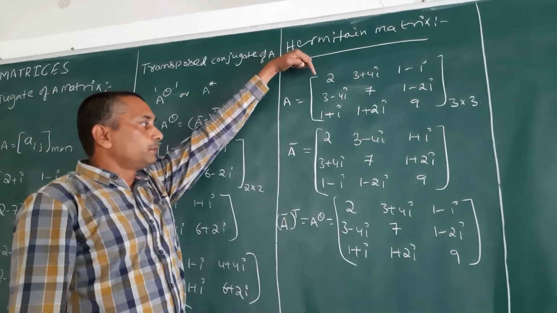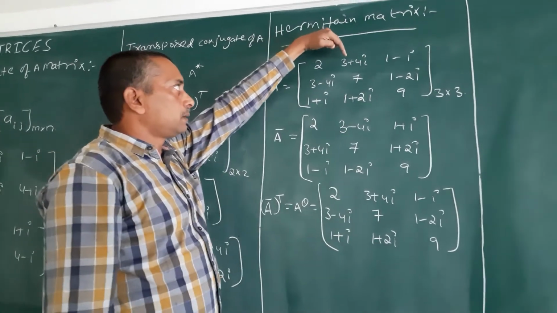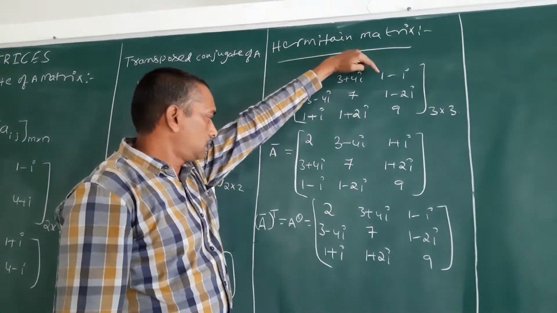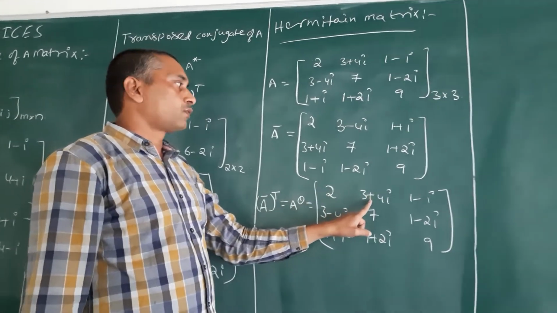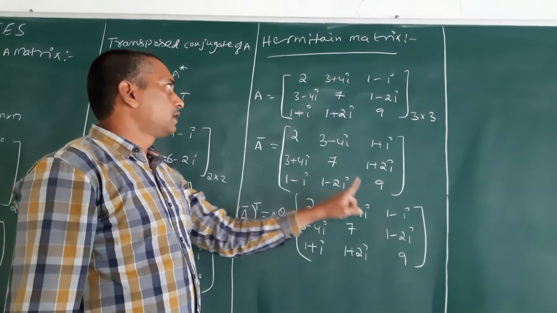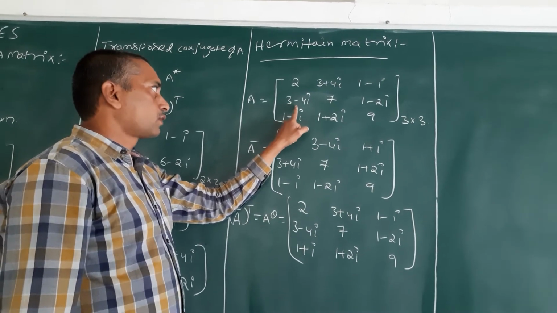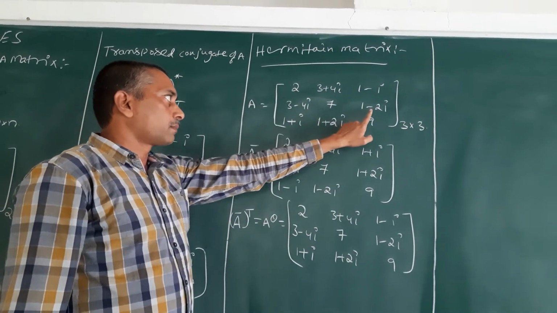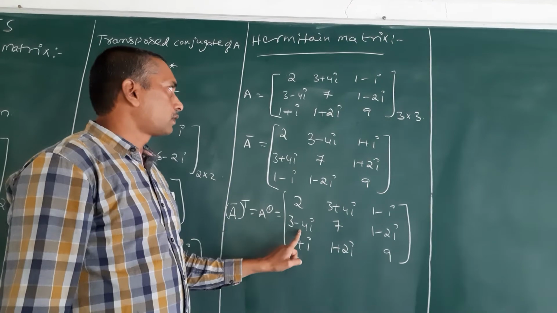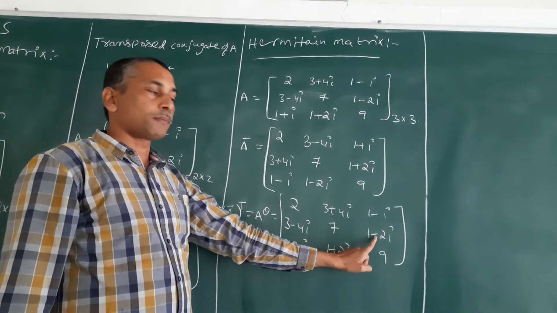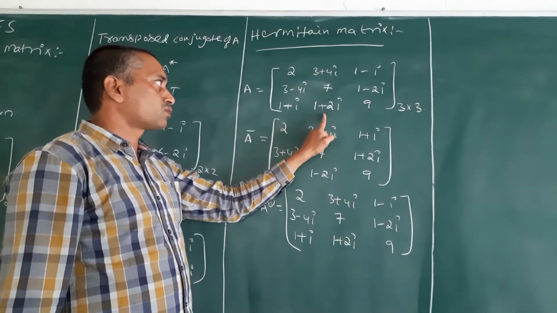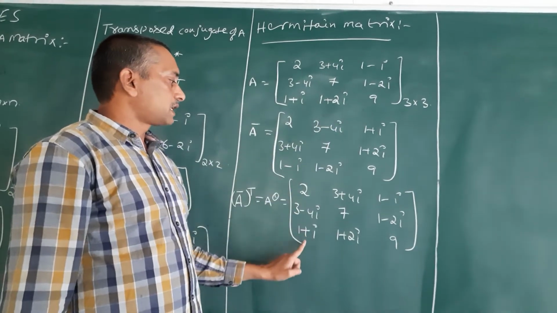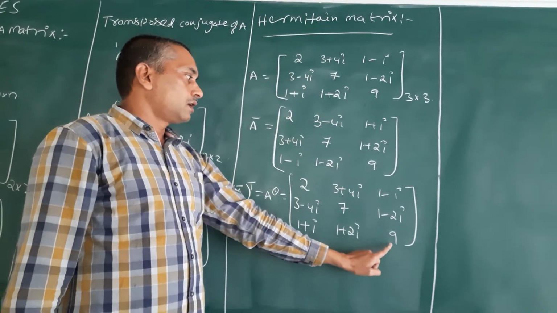A equals [2, 3+4i, 1-i], and A to the power of theta is also [2, 3+4i, 1-i]. From the second row, 3-4i, 7, 1-2i in both. From the third row, 1+i, 1+2i, 9 in both.